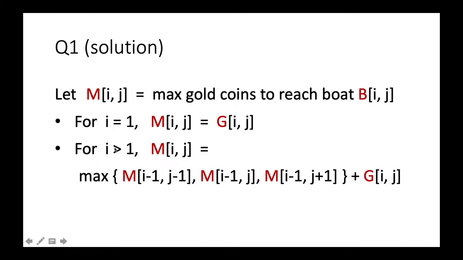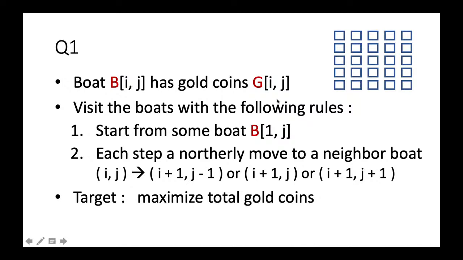And for i greater than 1, what will happen? For instance, suppose that what is the maximum number of gold coins that I can obtain if I can reach this boat? To reach this boat, either we are coming from this one, or from this one, or from this one. So the maximum number of gold coins that we can get from this boat must be the maximum of these, select the maximum of it plus the gold coins inside this one.